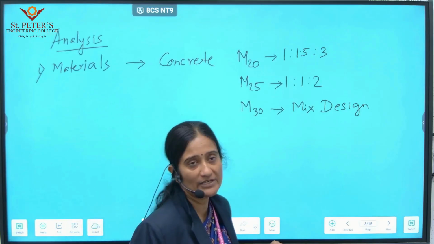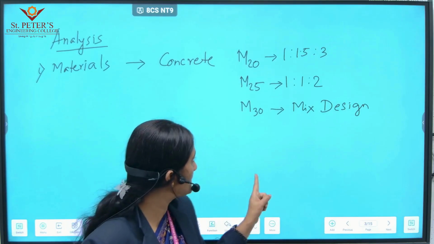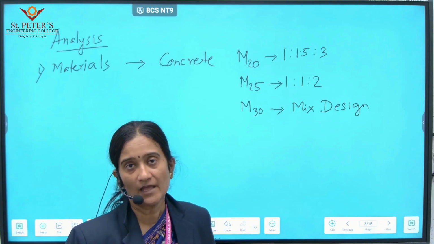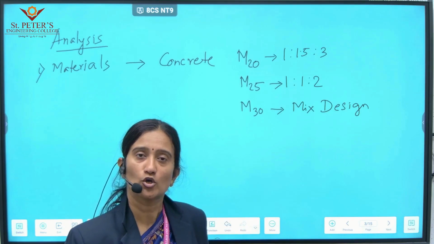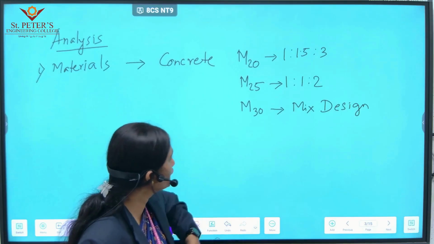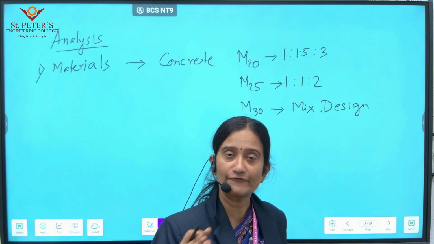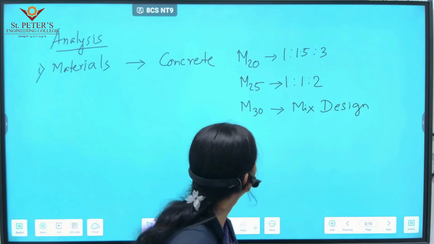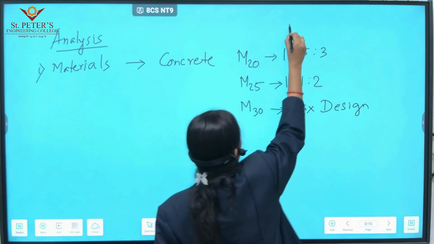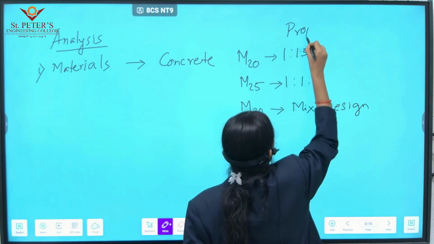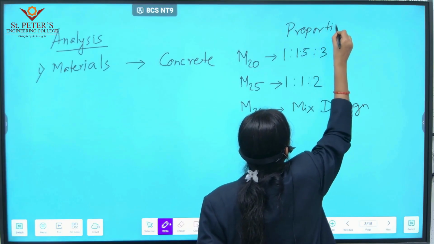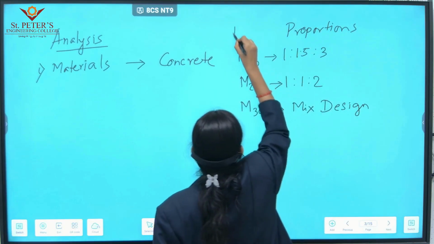Same for M25: 1 part cement, 1 part sand and 2 parts coarse aggregate. Above M25, we have to recalculate the proportions. These are the mixes.